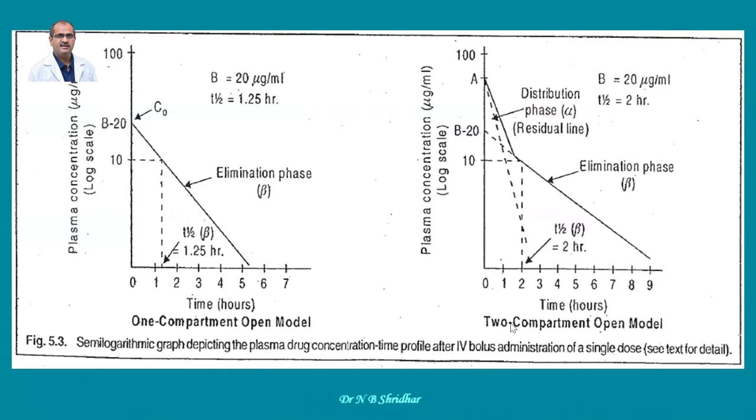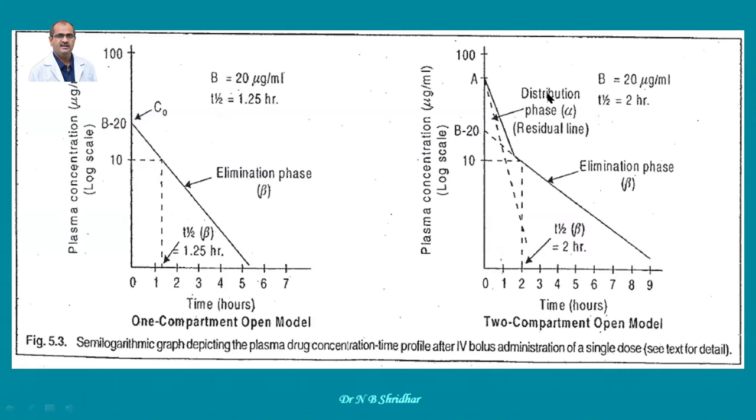Whereas in the case of the two compartment model, there is a distribution phase, because here you are giving the injection maybe intramuscular, subcutaneous or by the oral route. Typically two compartment models are for the oral route. So here the distribution phase is also there and the absorption phase is also there.